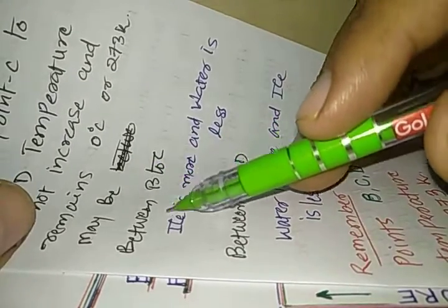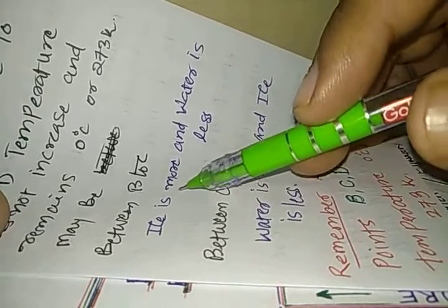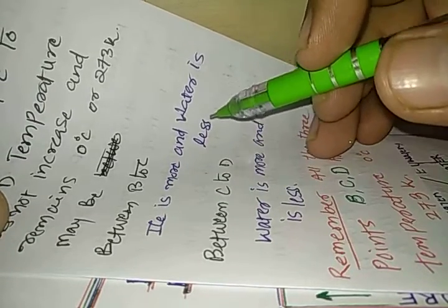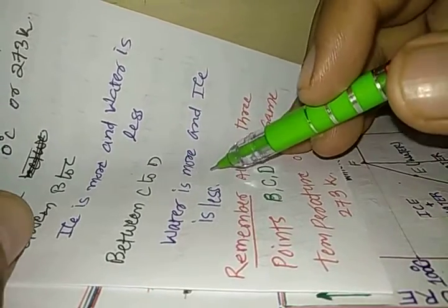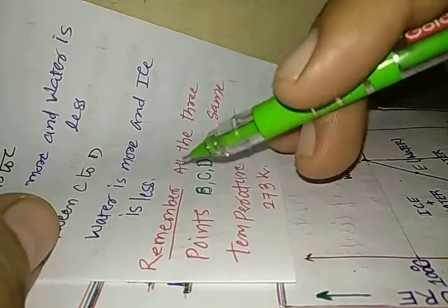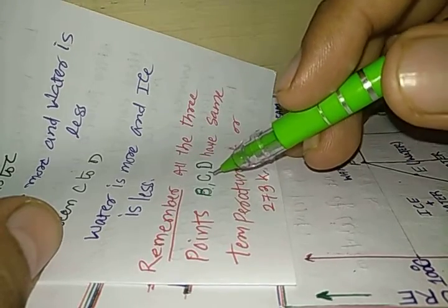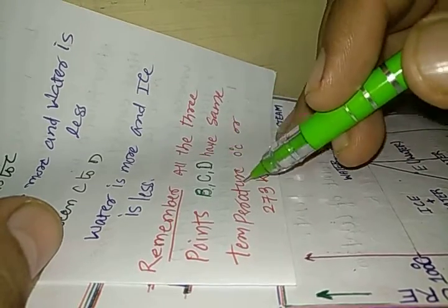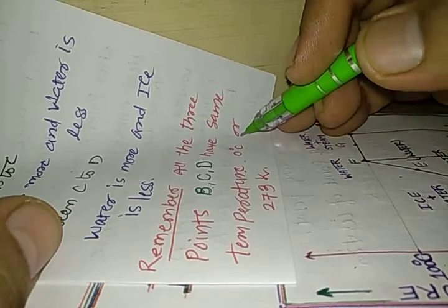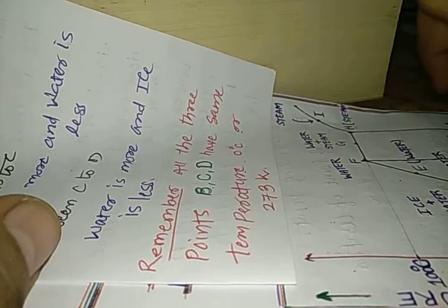Maybe between B to C, ice is more and water is less. Between C to D, water is more and ice is less. Remember, all the 3 points B, C, D have the same temperature, 0 degree or 273 Kelvin.